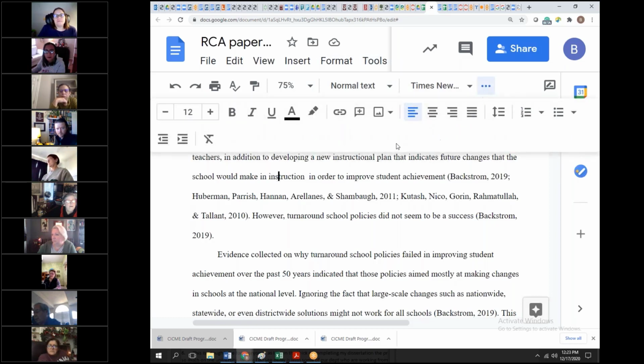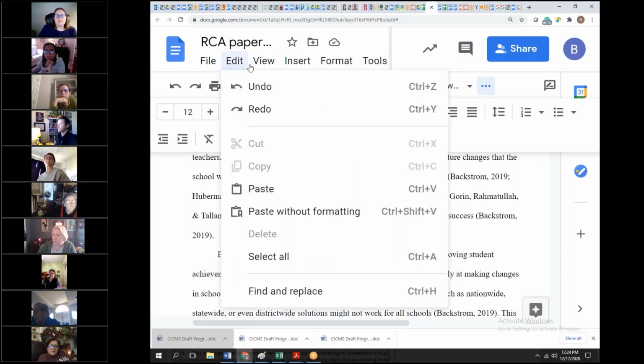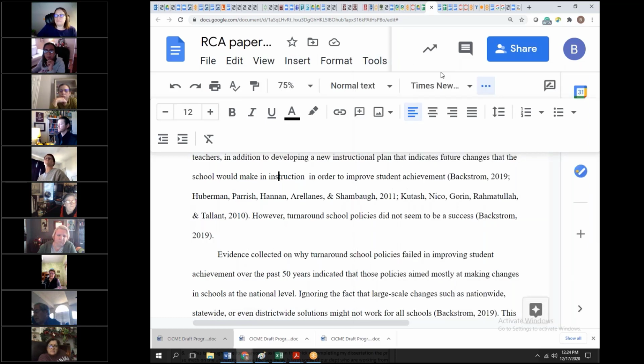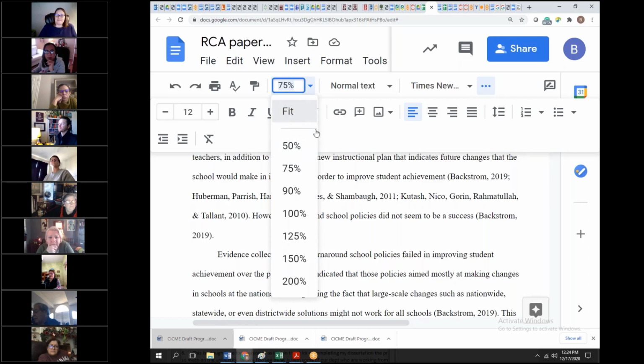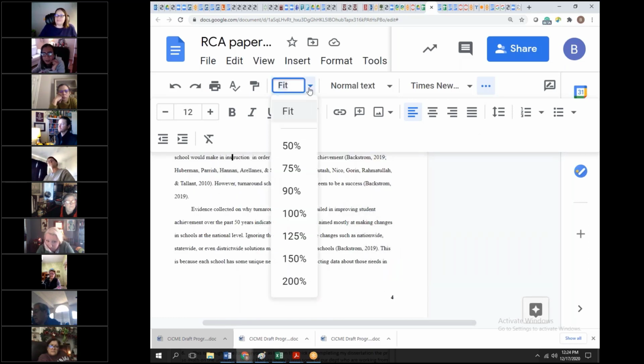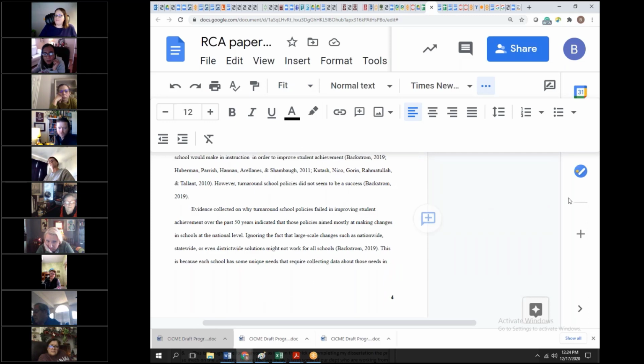Do you see the editing box at the top? It's on the very right side. I think you need to make this page a little bit bigger so you can see it.